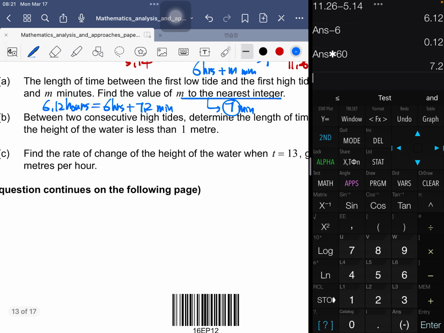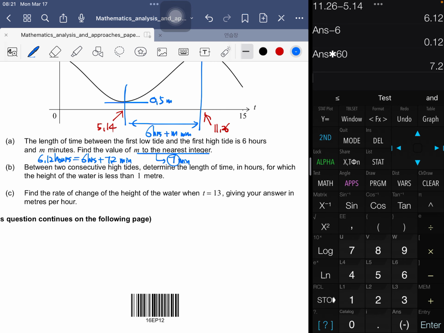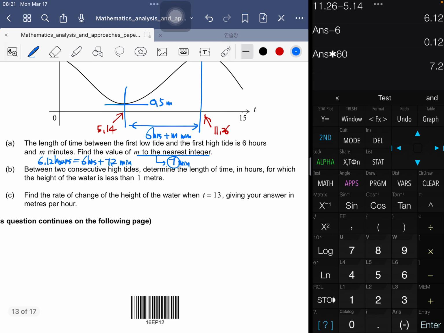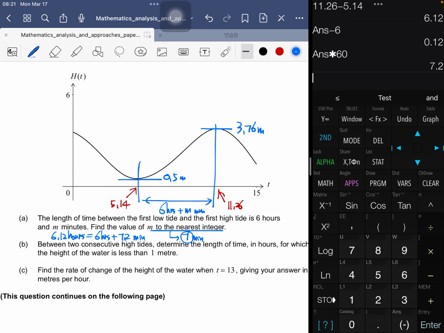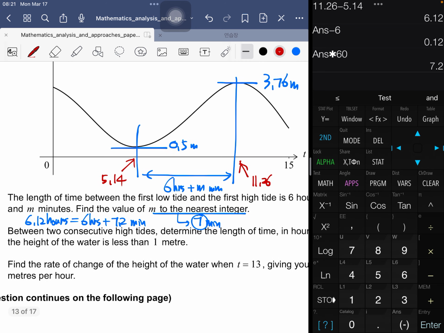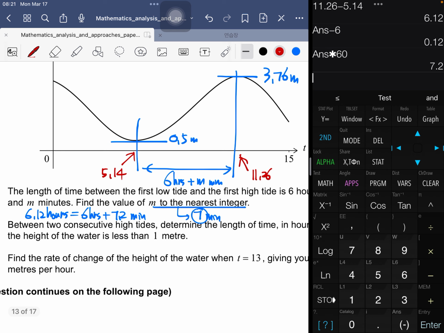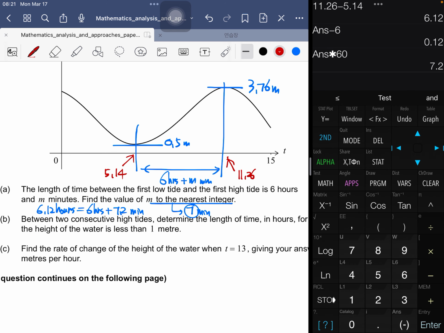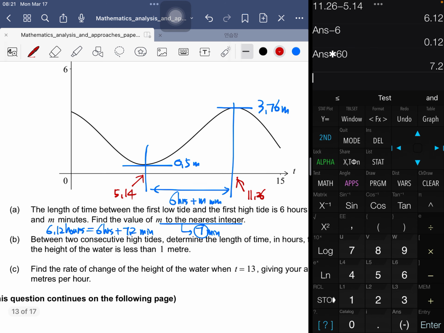B. Between two consecutive high tides, determine the length of time in hours for which the height of the water is less than 1 meter. So the first high tide is here and the second high tide is here.